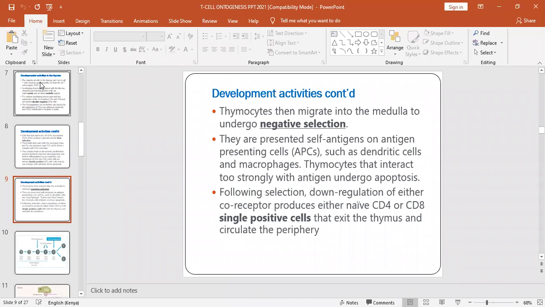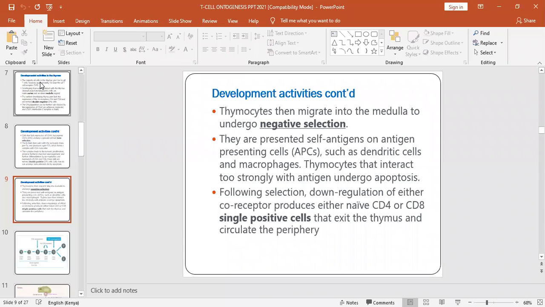We have the macrophages, we have the dendritic cells, and these cells have a very important role to play because, remember, from the cortex region the cells are double positive. Now, when they reach the medulla, they need to differentiate into single positive.